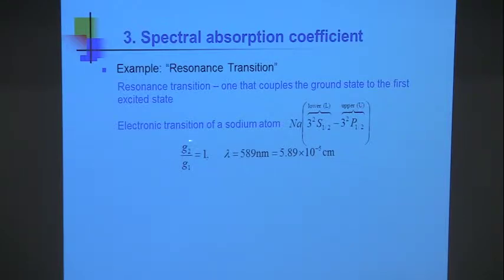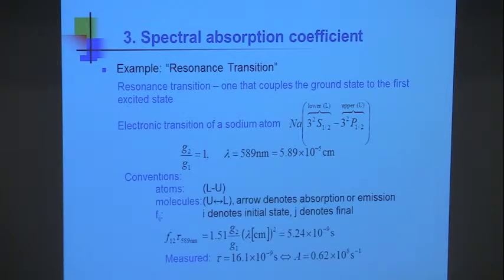It turns out that for sodium atoms, this ratio is about 1. And the wavelength is 589 nanometers, which is visible, kind of orangey yellow. The lambda is in centimeters. Now, the convention: atoms is lower, upper; molecules is upper, lower.